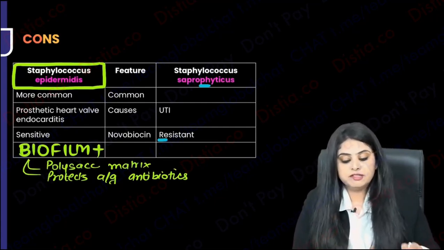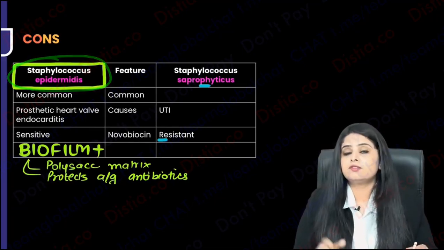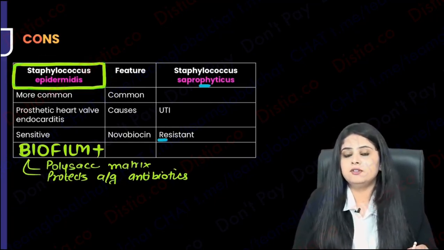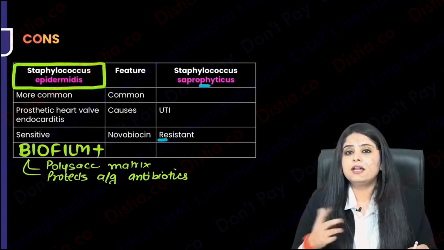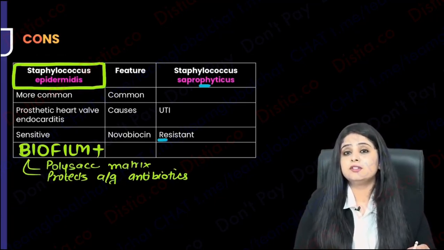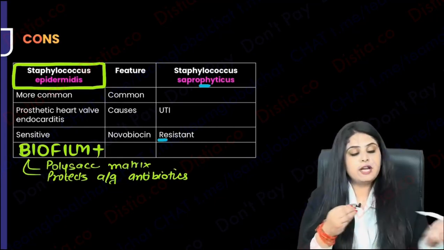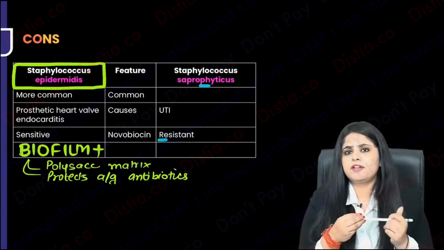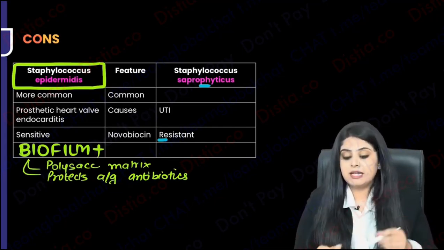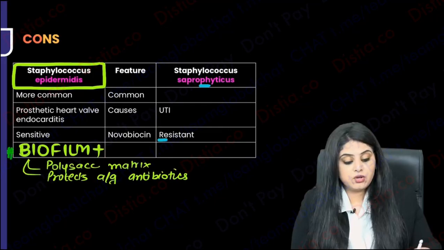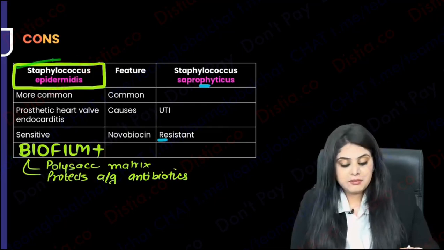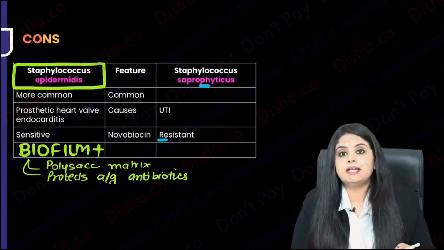Sometimes, for example, you will say, ma'am, I have seen a growth of staph epidermidis in someone's IV cannula, and that is why the antibiotics are not reaching that person. Epidermidis makes a shield. You will try to kill it with an antibiotic, no effect, because it has made a shield. Sometimes it can make a shield, not always. Biofilm can be made by staph epidermidis.